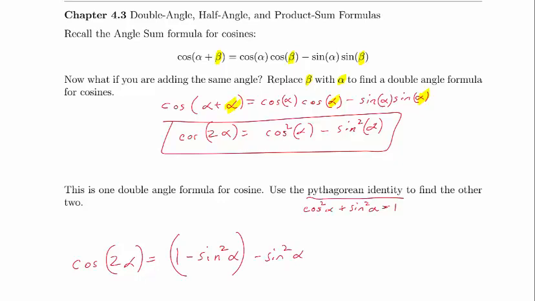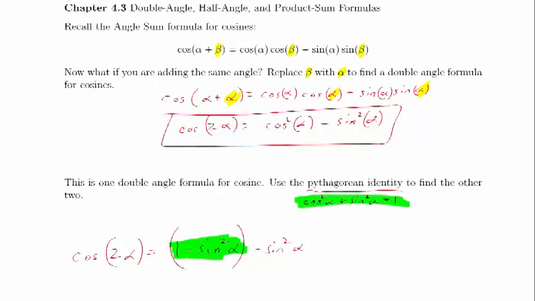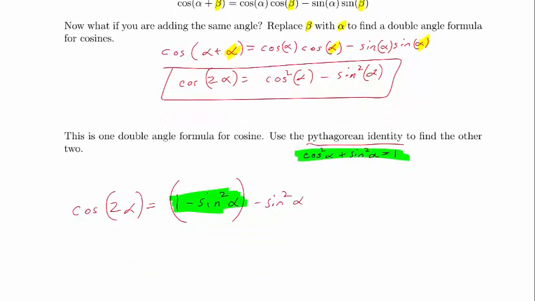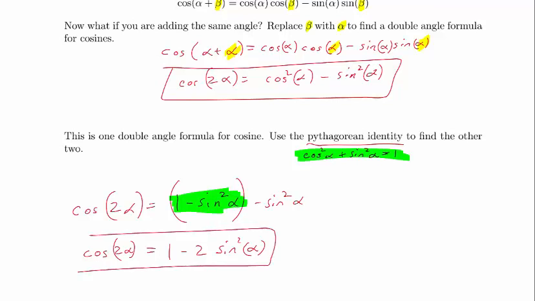That is our substitution, again using the Pythagorean identity. This simplifies to 1 minus 2 sine squared alpha.